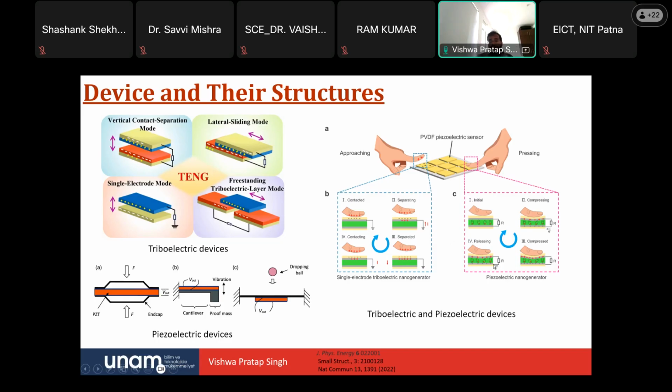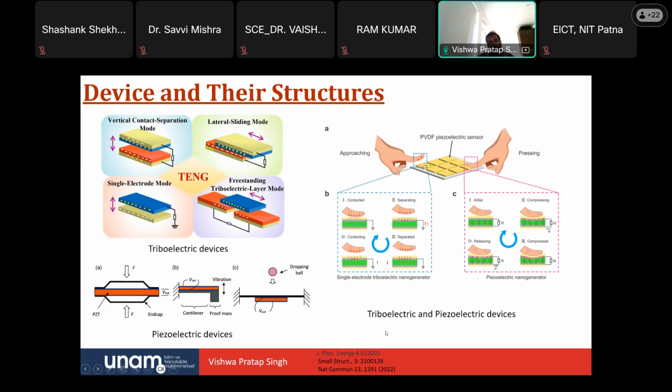In this case, I am showing how they are different from each other. I have already described this. They have even developed a kind of pattern over which you can touch. In different cases, we have seen that triboelectric shows better tactile sensing as compared to piezoelectric, because in case of piezoelectric you need to press it, but in case of triboelectric you just need to touch it.